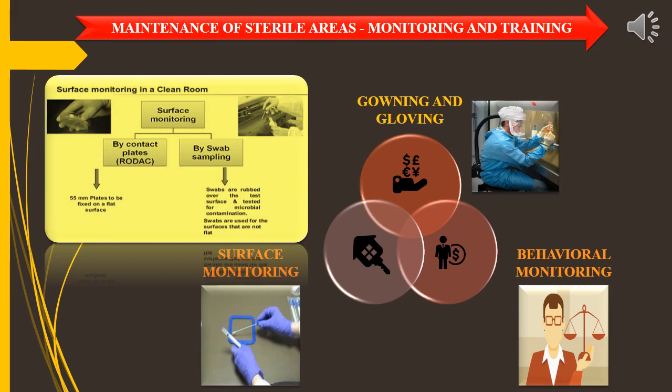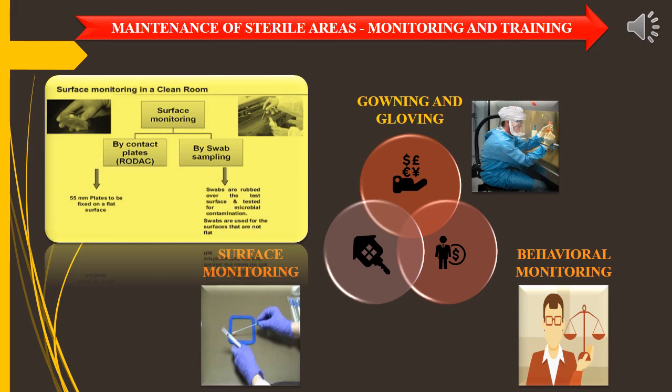Coming to monitoring and training for maintenance in sterile areas. Gowning and gloving are important parameters we need to note down. Gowning and gloving of personnel, then behavioral monitoring, then surface monitoring.